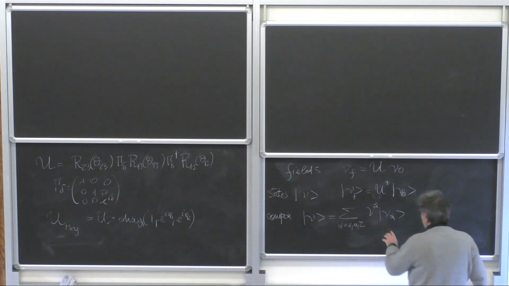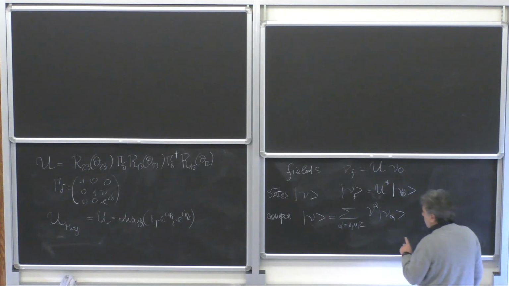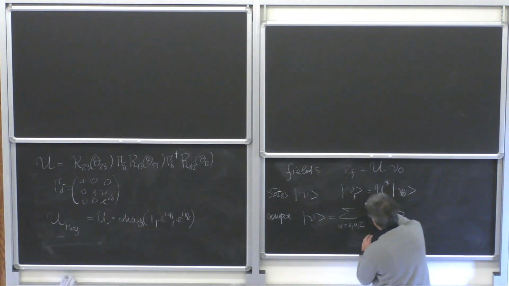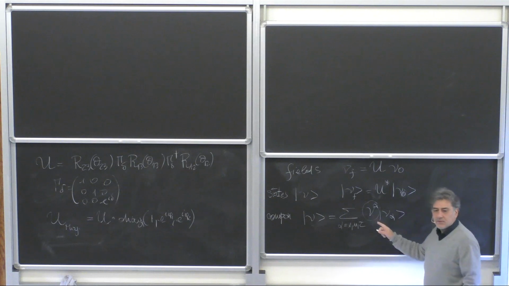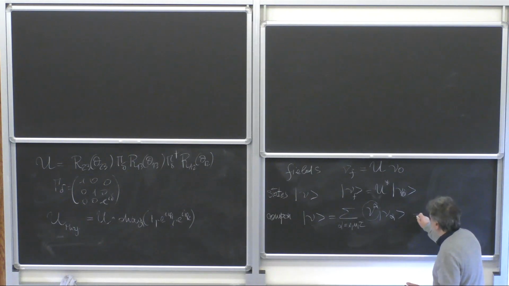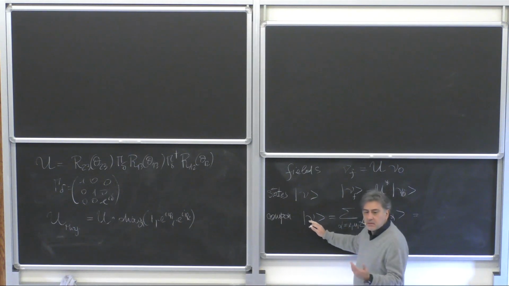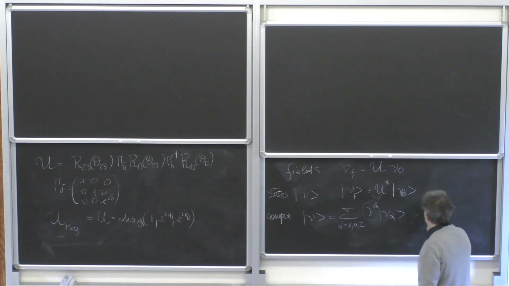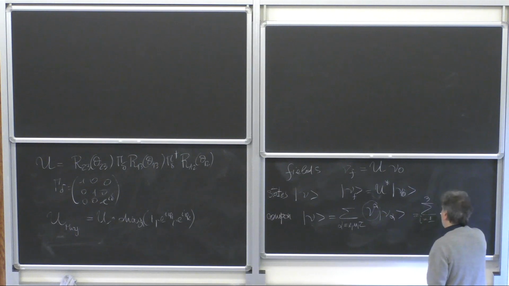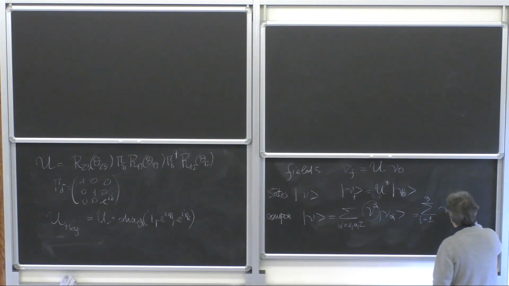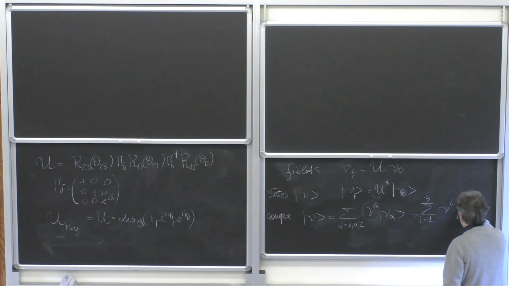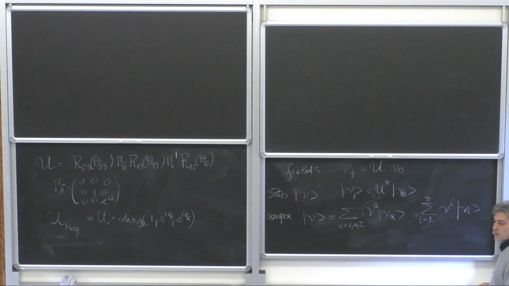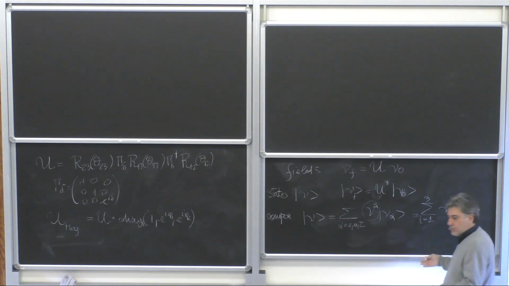Now you want to understand how this transforms when you write a given state ket also as a superposition of mass eigenstates, nu1, nu2, and nu3.